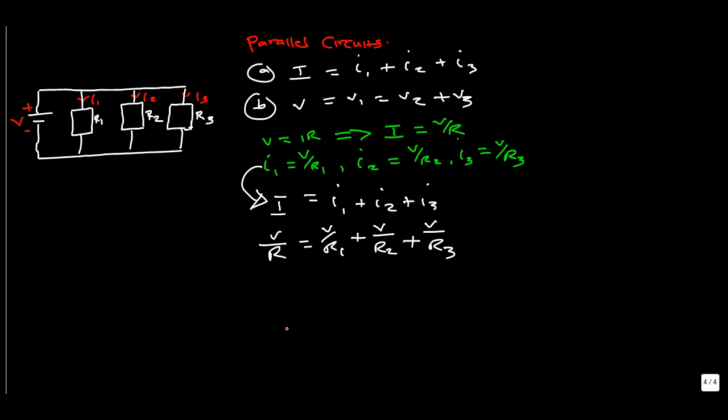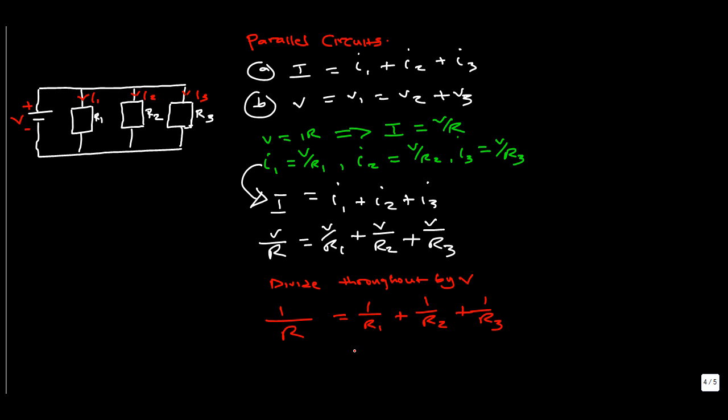Now all we need to do is divide throughout by V, and what we have is 1 over R is equal to 1 over R1 plus 1 over R2 plus 1 over R3.